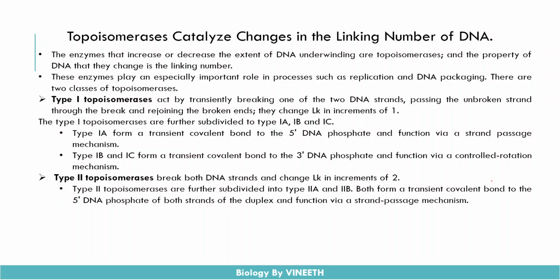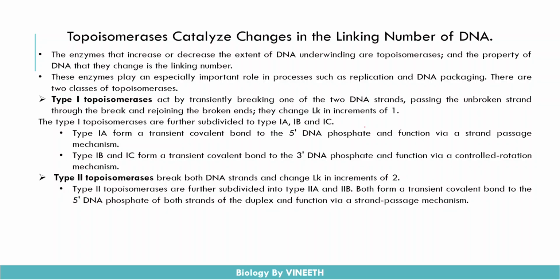They form a transient covalent bond with the DNA, cut it, and relieve the strain using a strand passing mechanism, or by rejoining the broken ends after passing one more strand through.